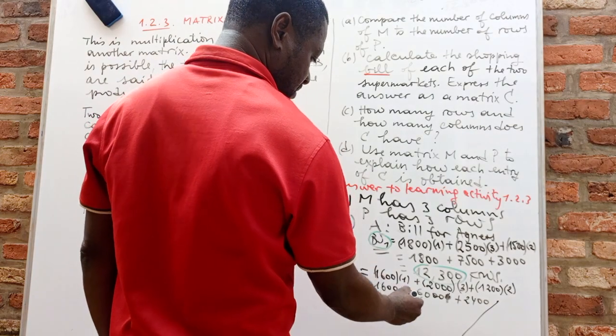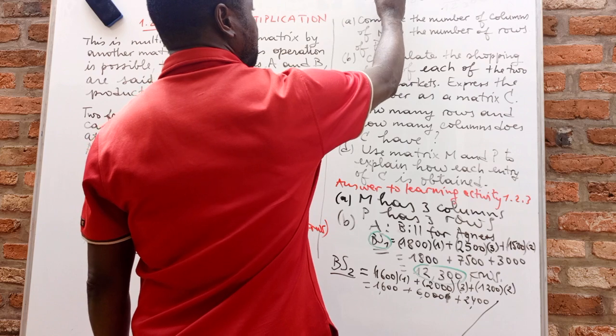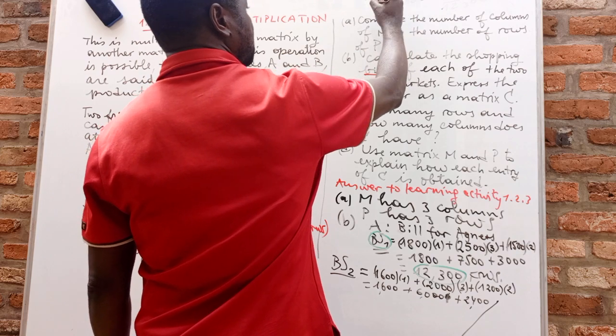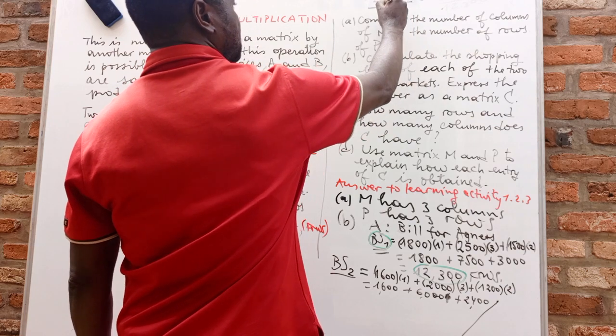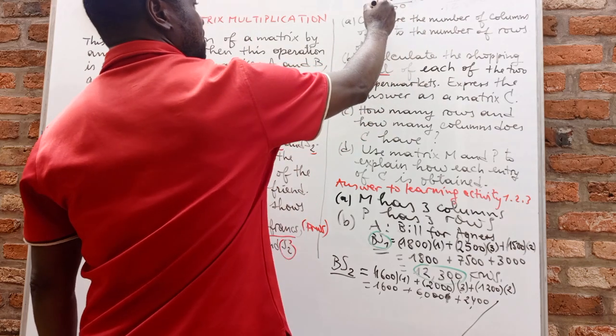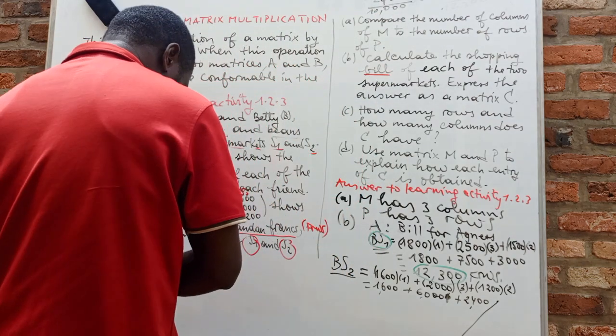Now adding up 2,400, this is going to make 10,000.